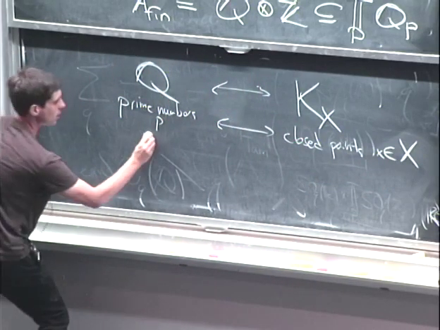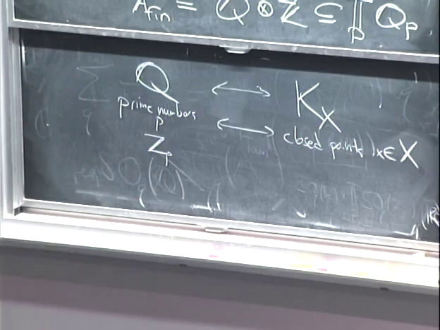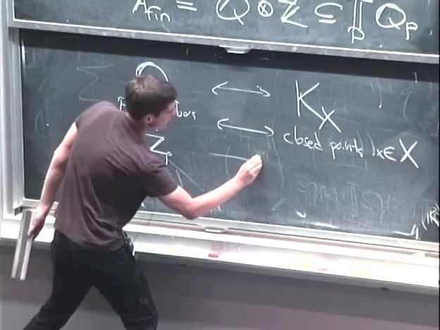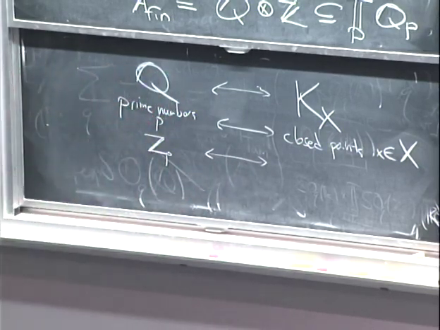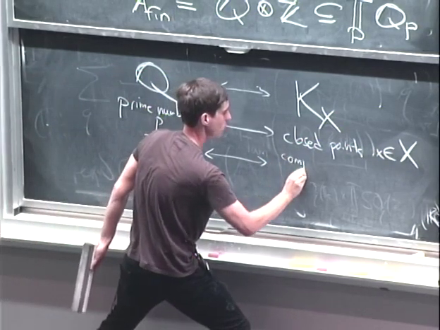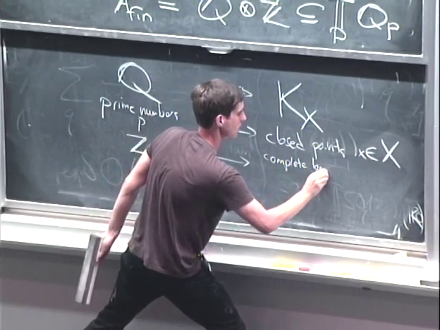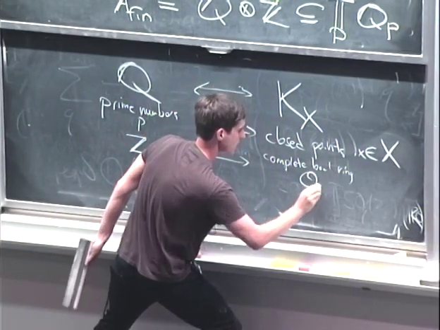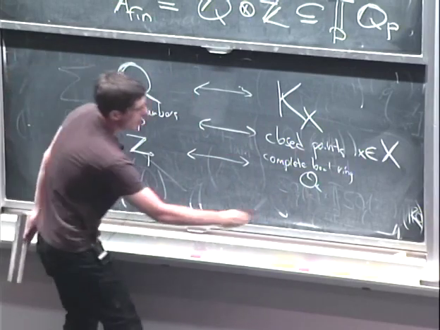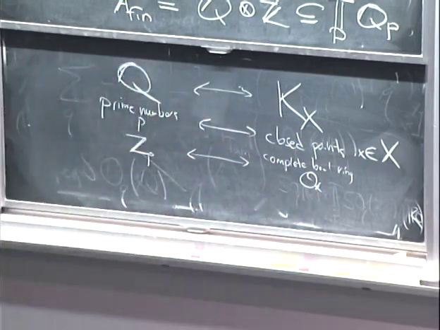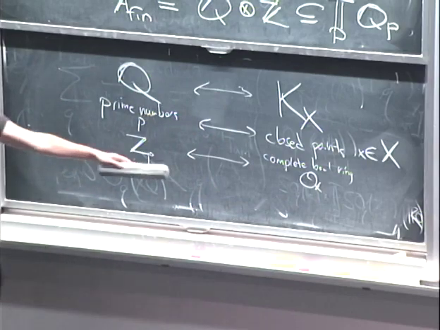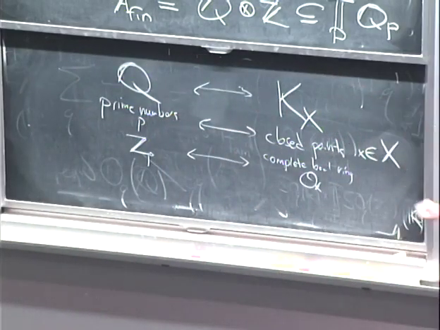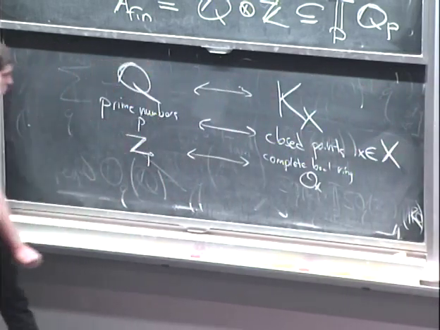And now the analog of, say, the p-adic integers over on this side is the completed local ring of X at the corresponding closed point. So this is a complete local ring, which I'll write as O_x. And this is always non-canonically isomorphic to a power series ring in one generator over a finite field, once you choose a local coordinate at the point x.